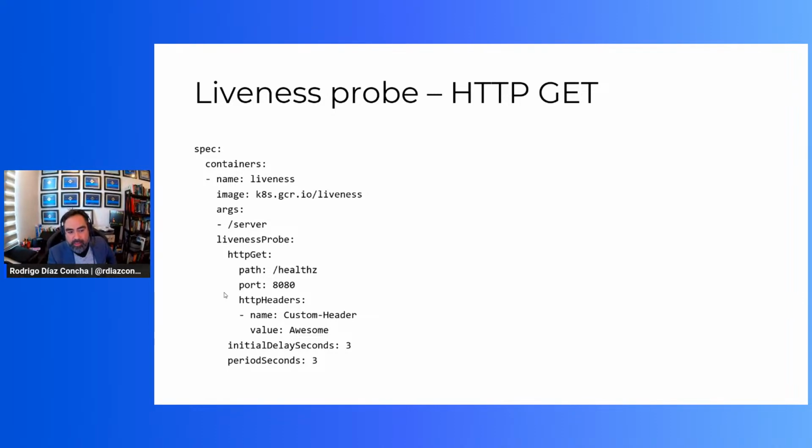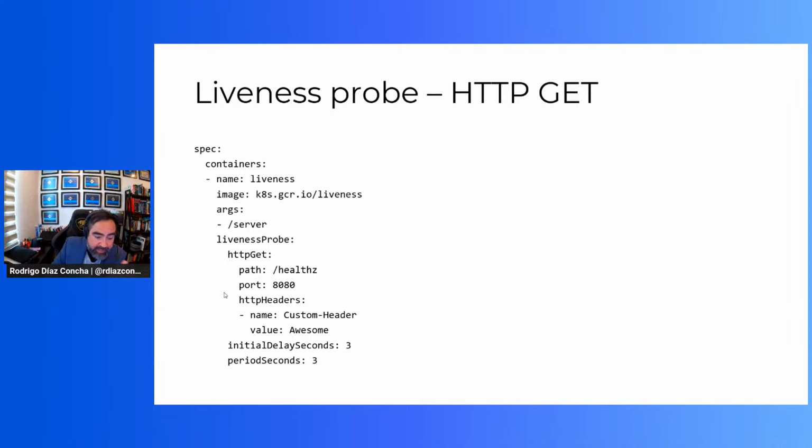This is gonna expose an endpoint, and if that HTTP GET request fails, then I'm going to receive the warning. This is different because I have to specify the HTTP GET field and the path of the endpoint, and the port number and some HTTP headers that you might want to use in your request.